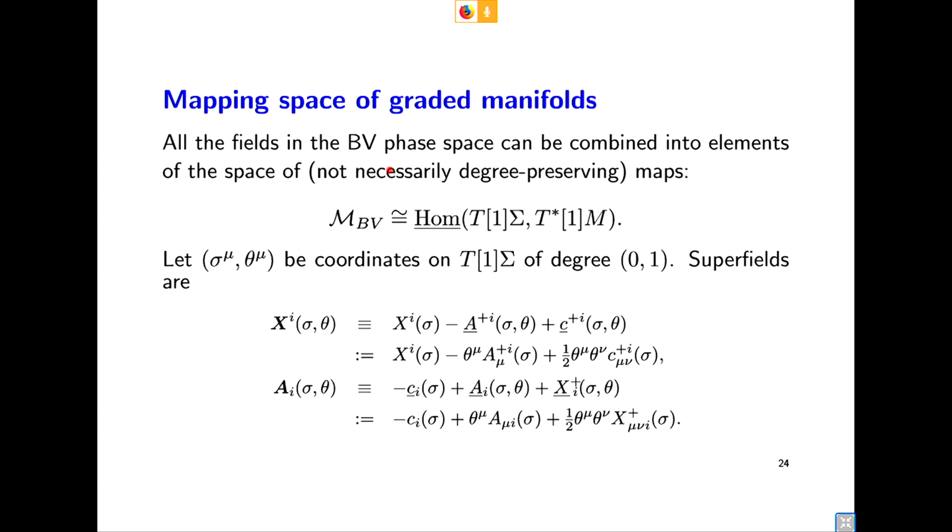In this case, this is the same as the case of the Poisson sigma model. The mapping space is the shifted tangent bundle, the shifted cotangent bundle of the target space M.